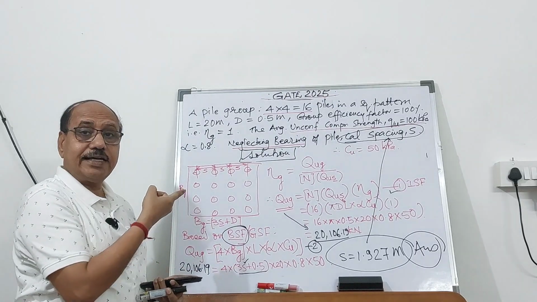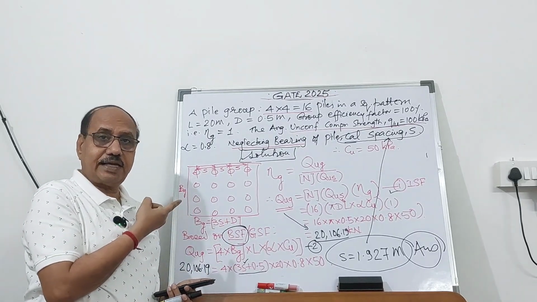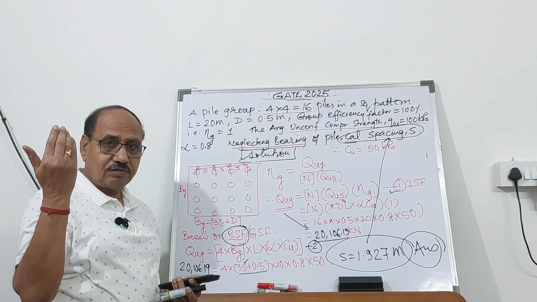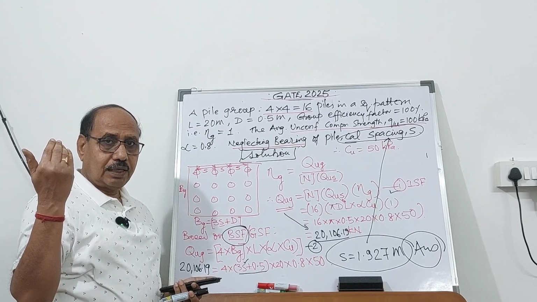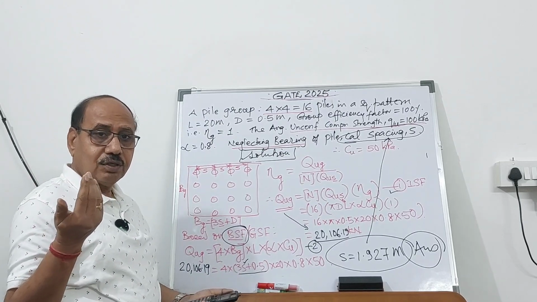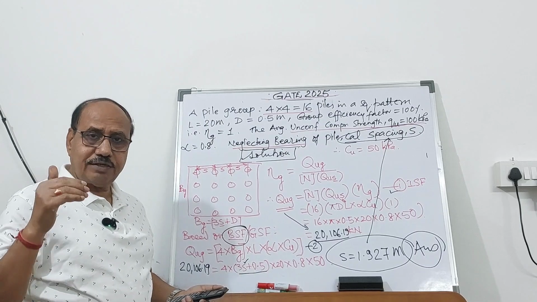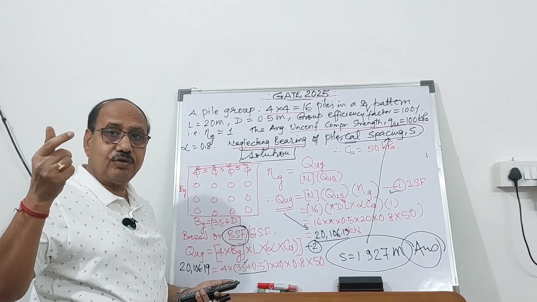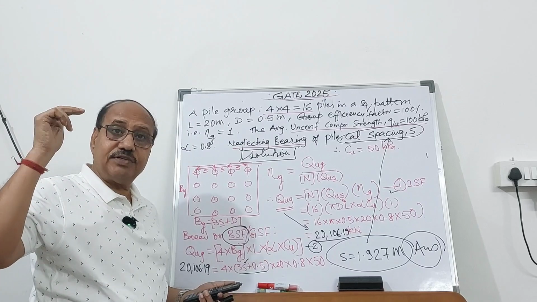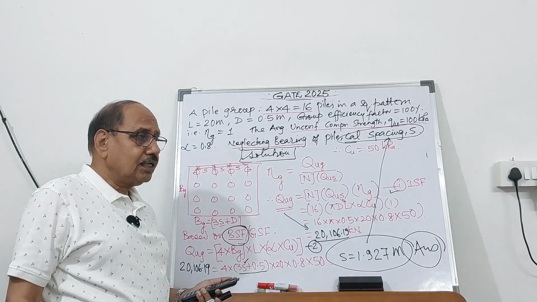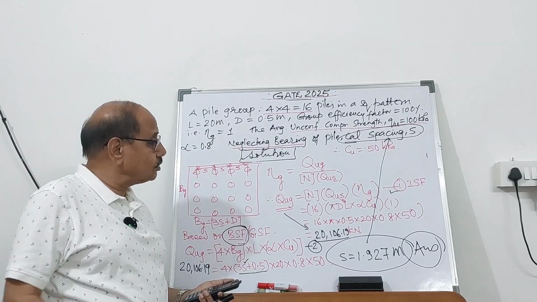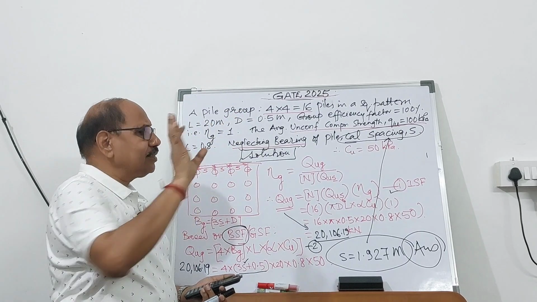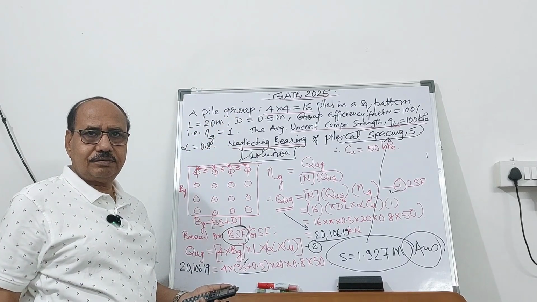And this I have already explained in detail, the concept of block shear failure and the concept of individual shear failure in the design of pile groups. If you go to my previous videos, initial videos on pile foundations, the complete theory has been explained.